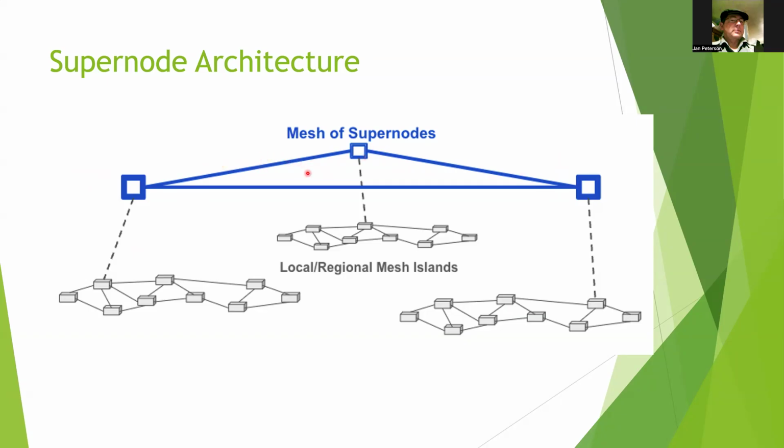So if one of these tunnels went down, they would route around that. So if I was here, for example, and I needed to access a service that was running over here, I would follow my local mesh to the supernode, get up here, and then go across this link to this supernode down here, and then go into the node that I'm trying to reach.